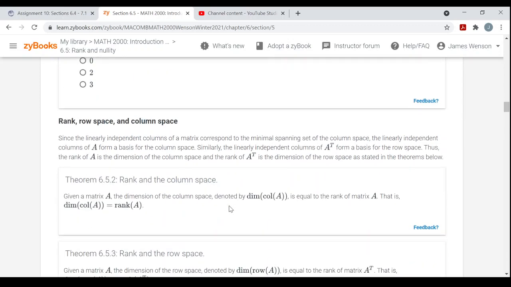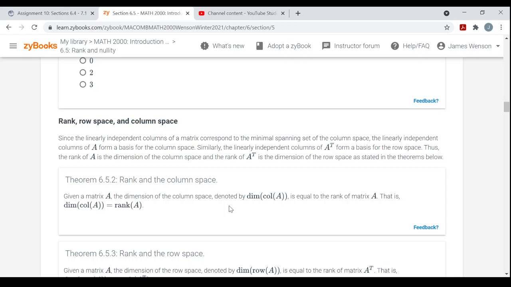Now the relationship between the rank, the row space, and the column space. We saw column space and row space in section 6.4. What we're going to see here is that the rank is the dimension of the column space, which is also equivalent to the dimension of the row space.